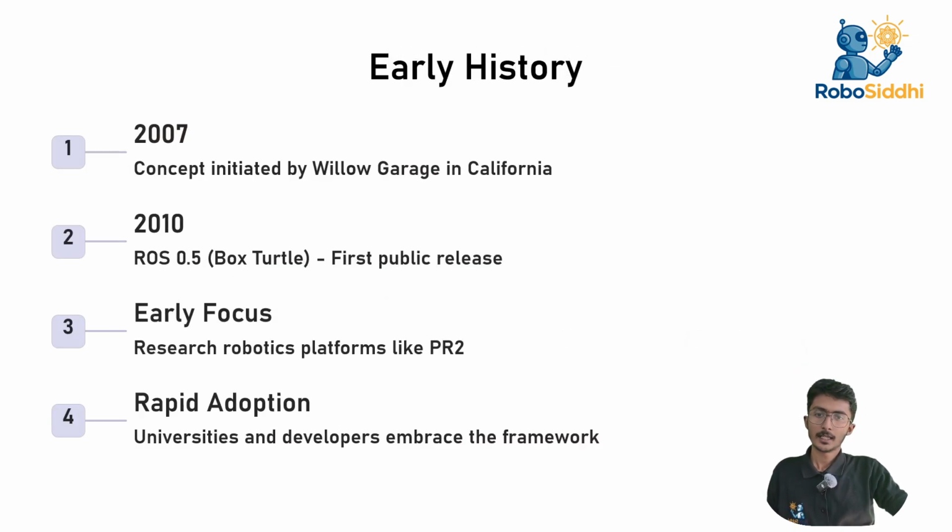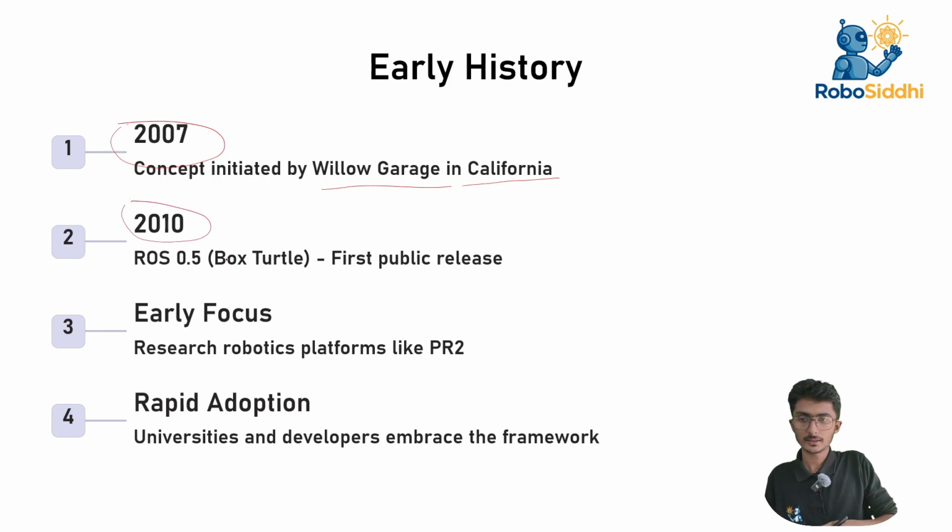Then let's talk about the history now. It all started in 2007 by Willow Garage, in California, America, and in 2010 they released ROS 0.5, called Box Turtle, which was the first public release, which means you can download it, install it on your own robot, and use it.